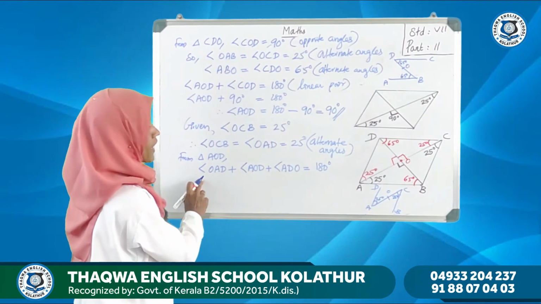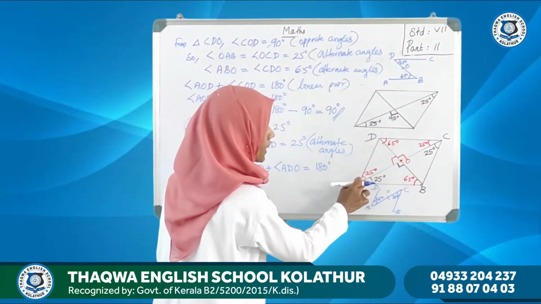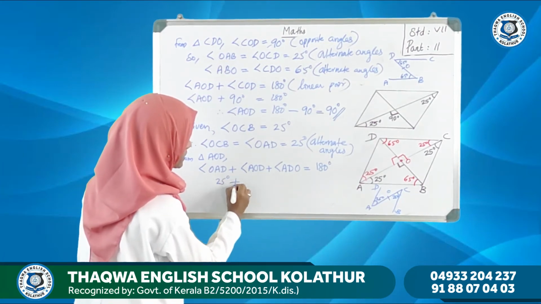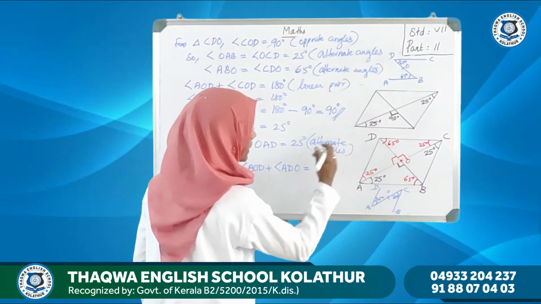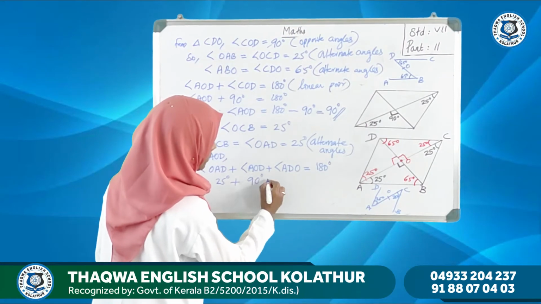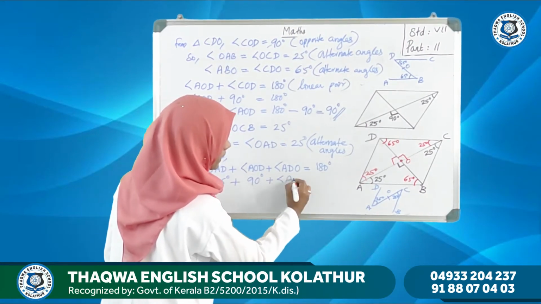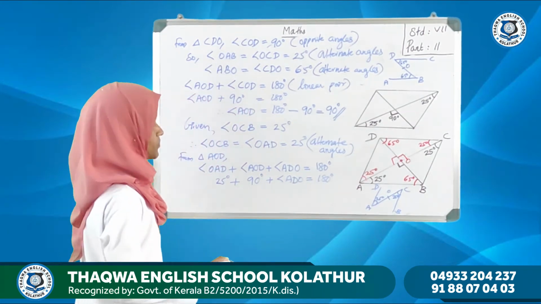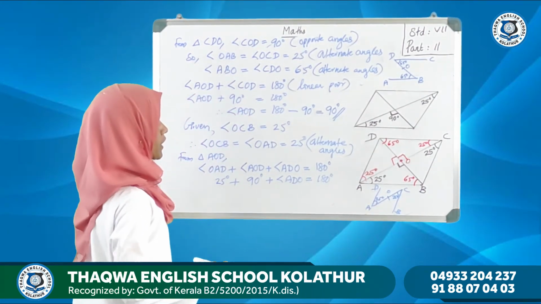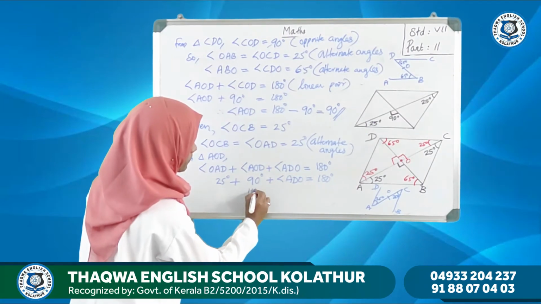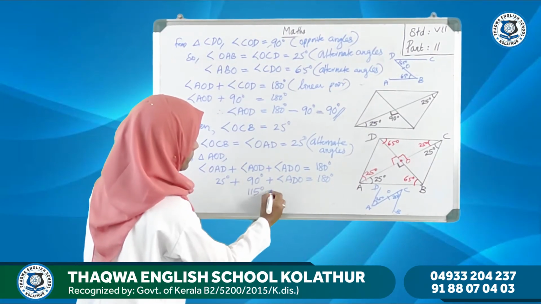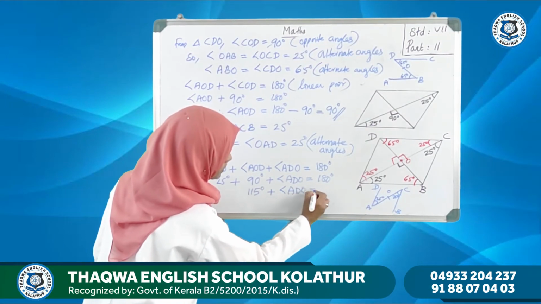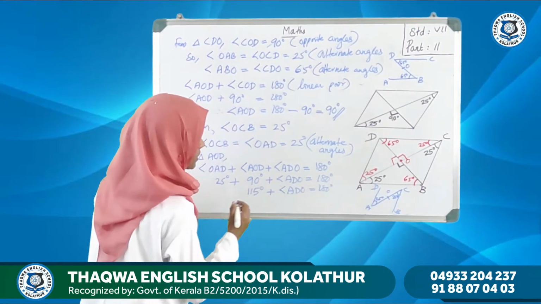Angle OAD is 25, plus angle AOD 90, plus angle ADO is 180. 25 plus 90 is 115, plus angle ADO is 180.